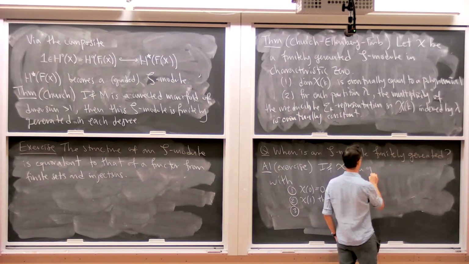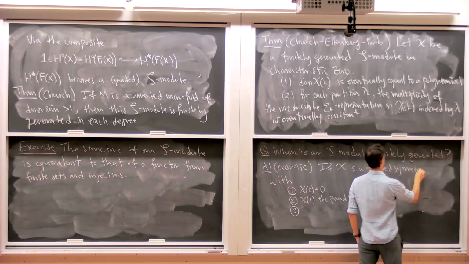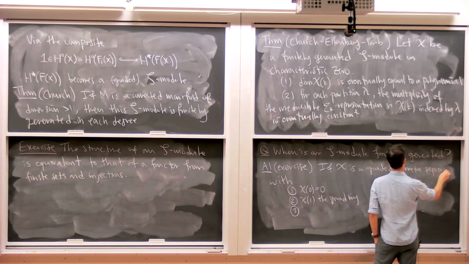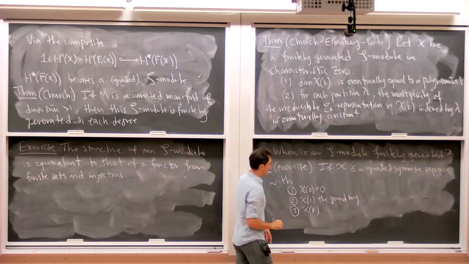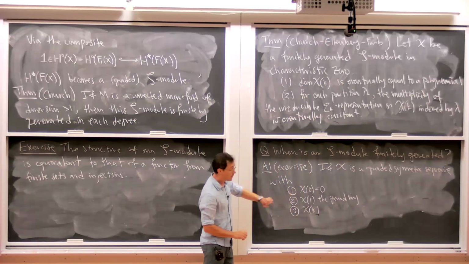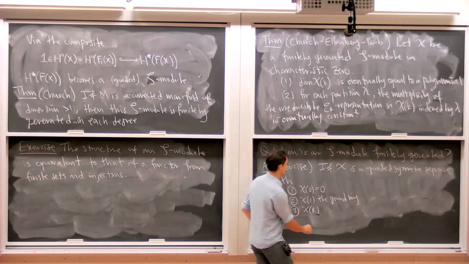So this is a graded symmetric sequence. And so because X of k is a graded object, we can ask that it's of finite type, so finitely generated in each degree.